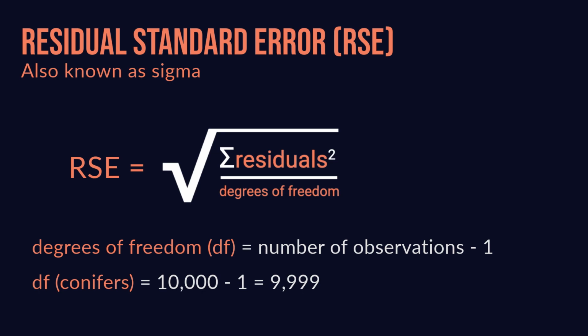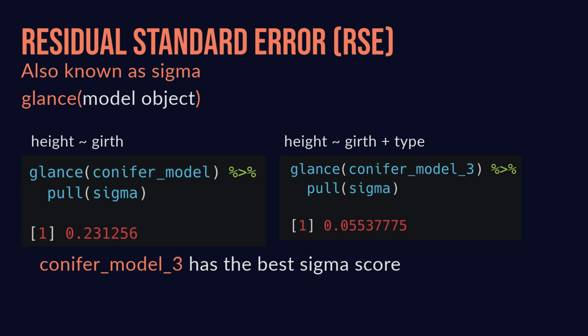The units of the residual standard error are the same as the units of the response variable. Therefore, in the conifer's data, the unit of RSE, or residual standard error, is feet. The glance function in the broom package can be used to pull the RSE or sigma values. Simply call the glance function with the model object and use the function pull from the dplyr package to extract sigma.